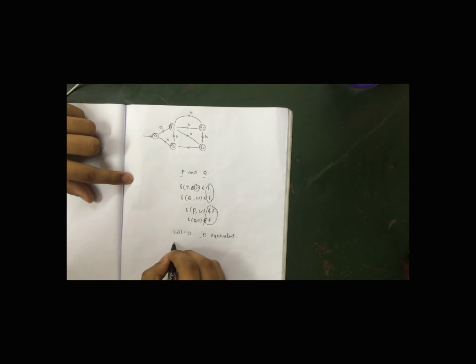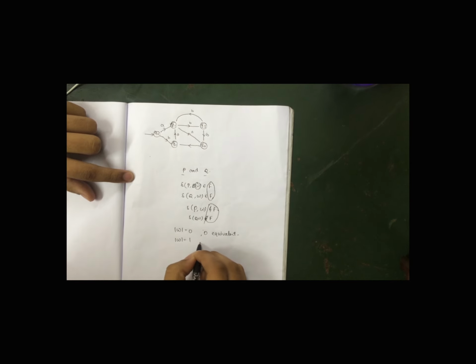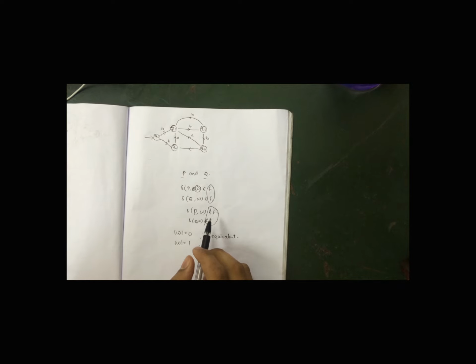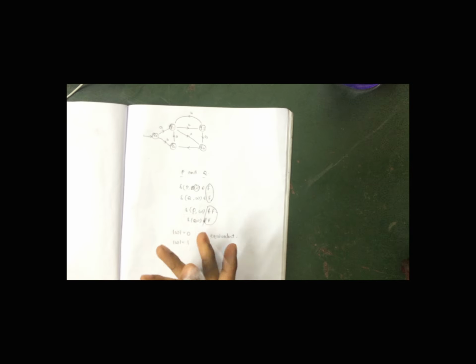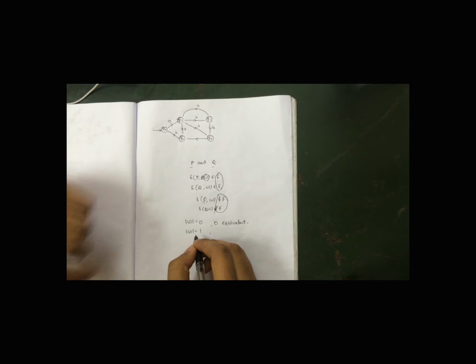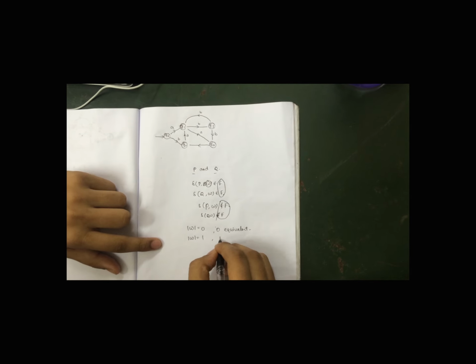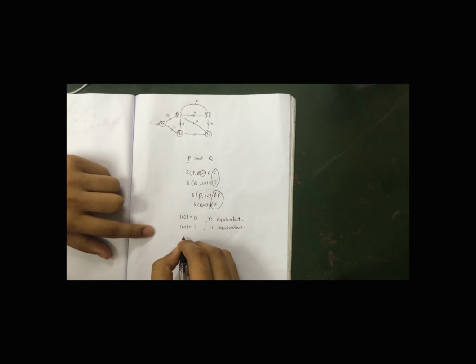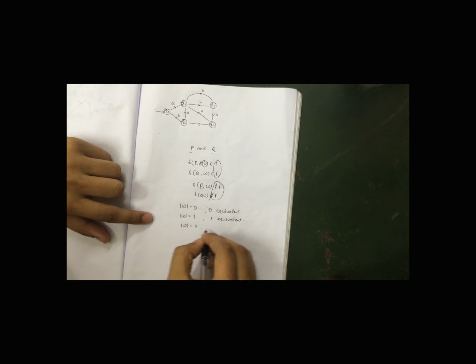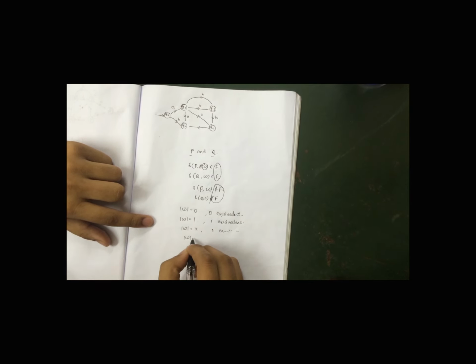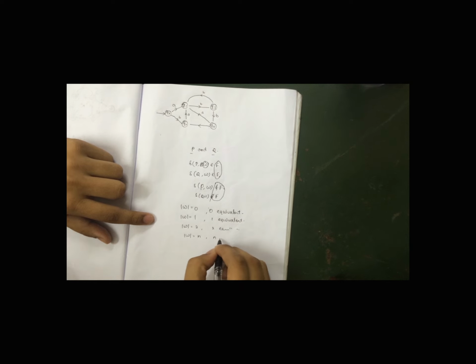If the length of W is 1, which means I see a single symbol and they are following the property, then we can say it is 1 equivalent. If the length is 2, then it is 2 equivalent, and so on. If the length of W is n, then it is known as n equivalent.